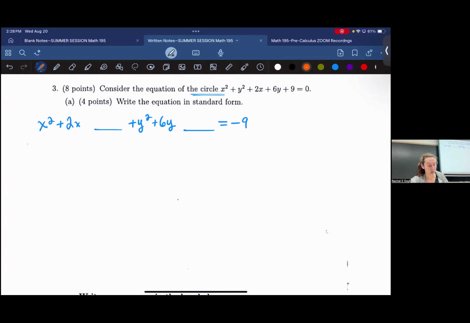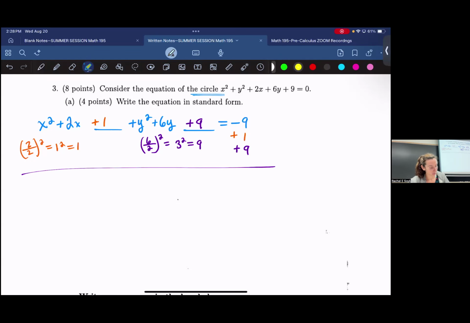Now let's use our special key. We're going to add 1 to both sides for our x. We're going to use our special key for our y, which is our b value is 6. Divide by 2, which is 3. Square it, you get 9. Add 9 to both sides.